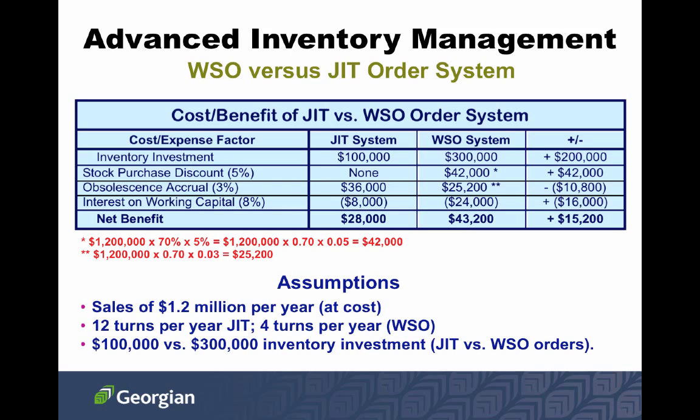First, we assume that the dealership has $1.2 million worth of sales per year. And it emphasized particularly here at cost. Why is that at cost? Well, the sales on the financial statement and the inventory investment in the DMS are different price levels.